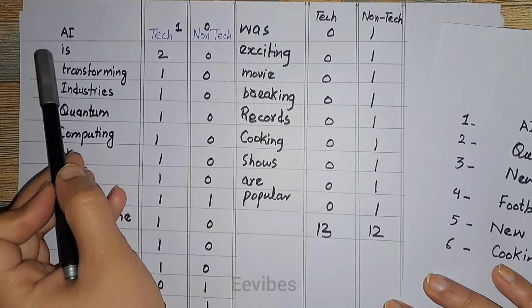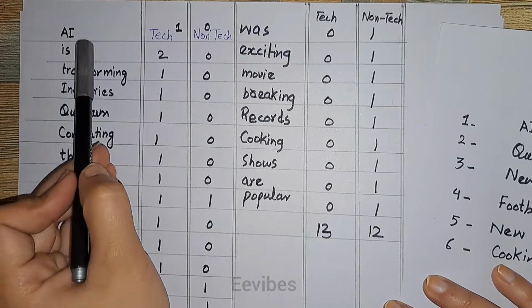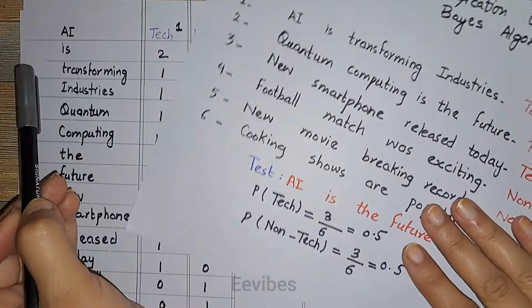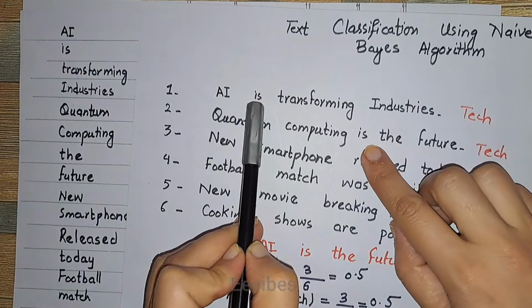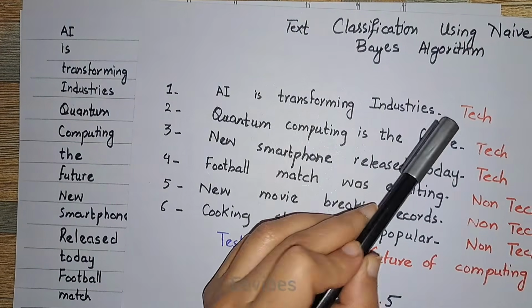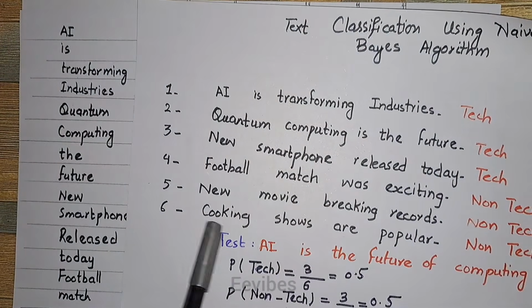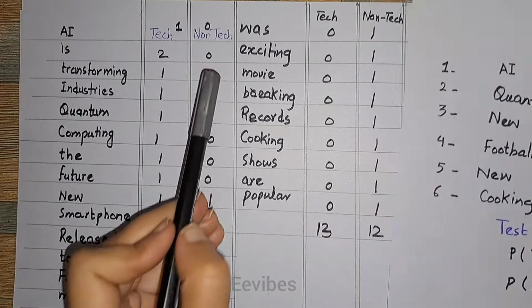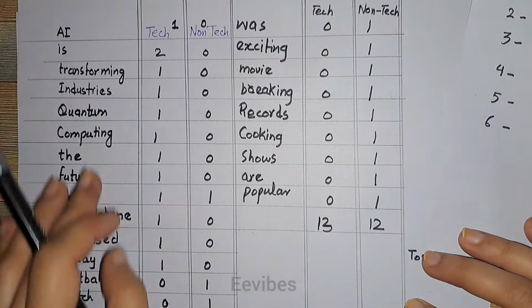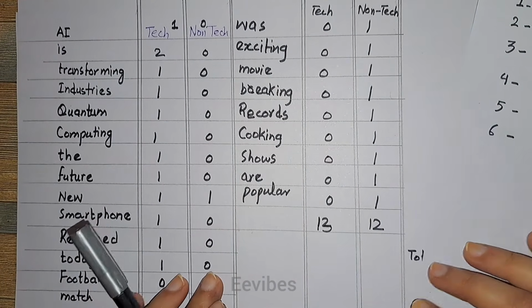Similarly, the next word in the vocabulary set is "is", and you can clearly see that "is" occurs twice in the tech class, while its count is 0 in the non-tech class. In this way, I have written the unique words with their counts.